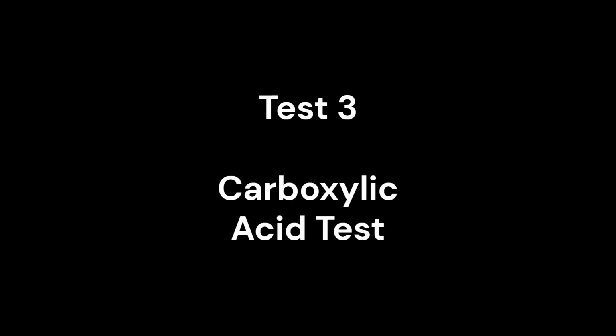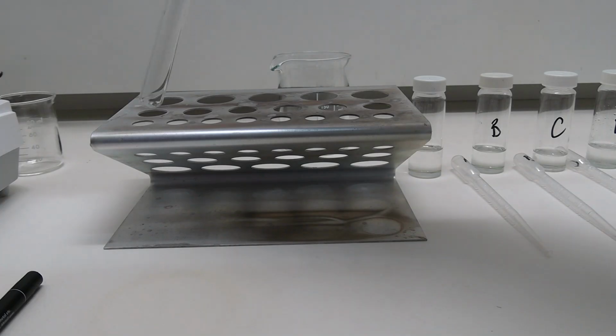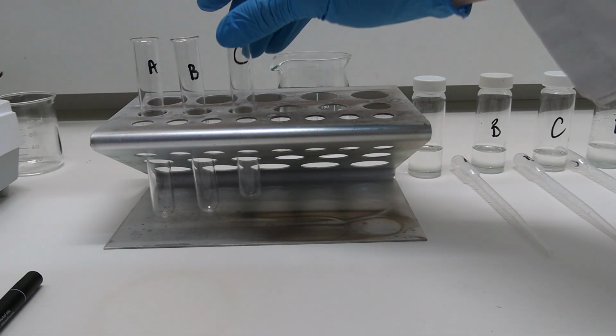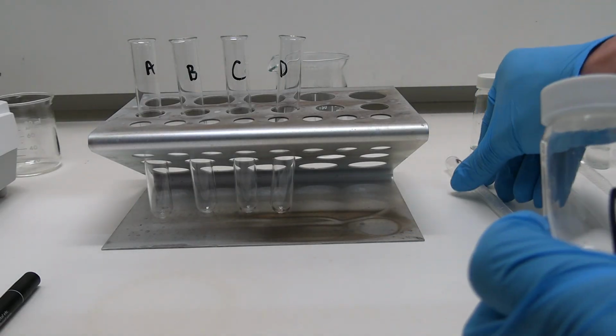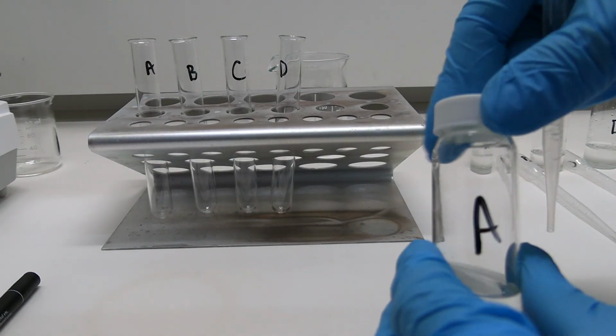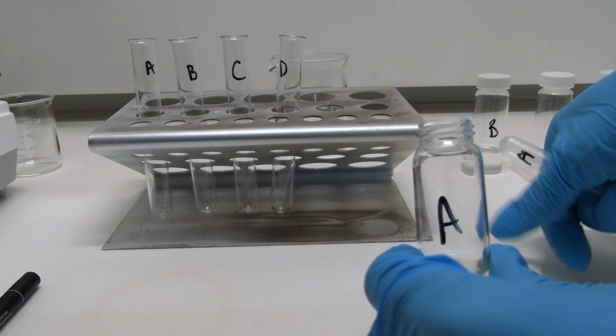Test 3. The carboxylic acid test. Again, collect 4 new test tubes. Label these A to D and then add approximately 1 milliliter of your sample to their corresponding test tube, making sure to cover them with a rubber bung afterwards.